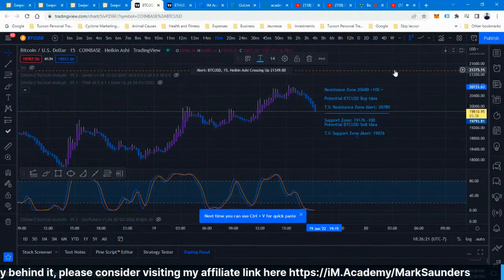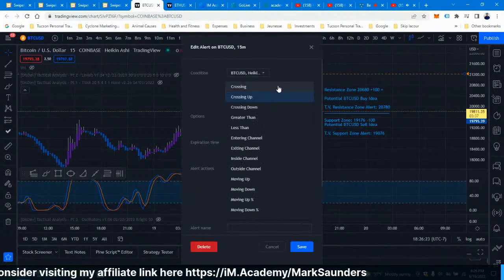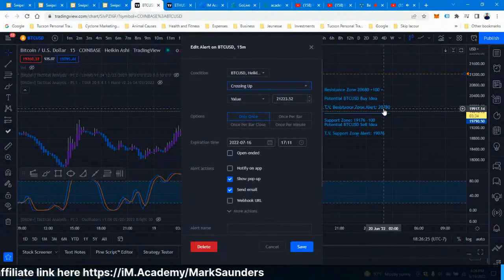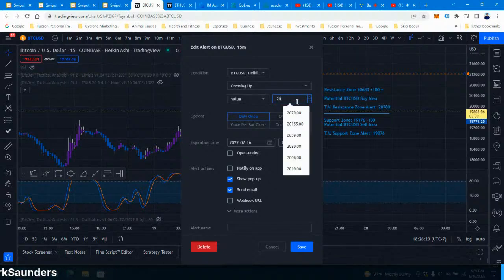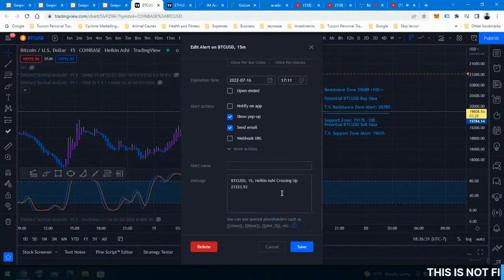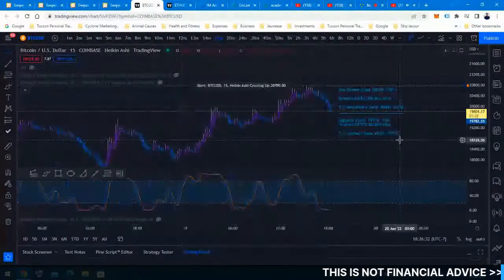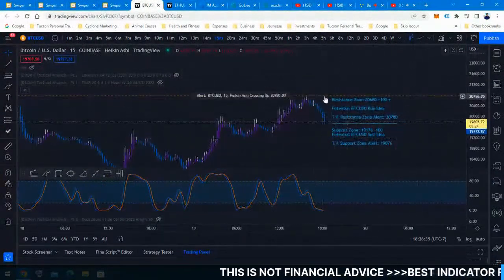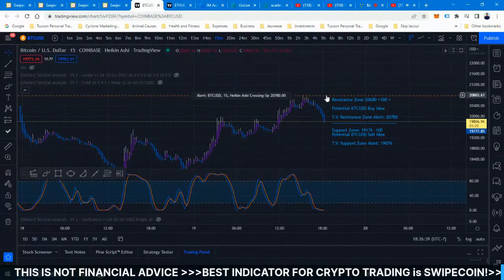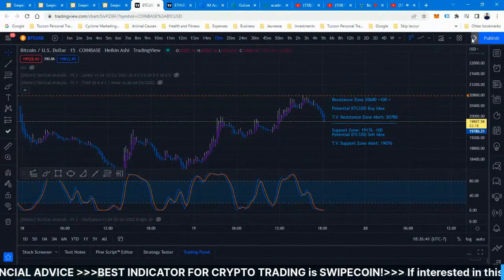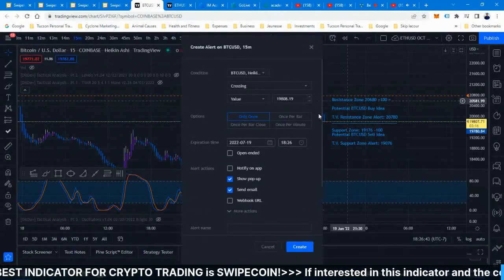Okay, so now I'm just going to set the trading indicators. Crossing up, 2780, save. And when this hits 2780, we're going to get a notification. I'll show you what it sounds like on the support.